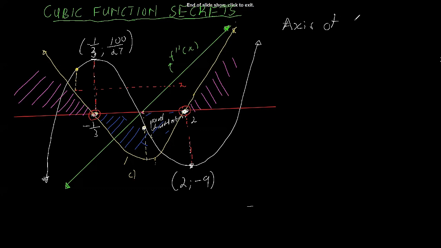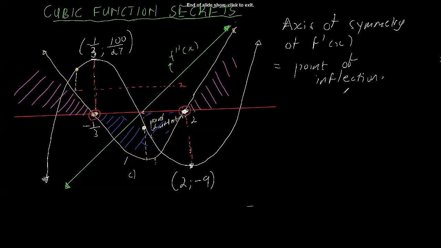The axis of symmetry of f prime x is actually the point of inflection. Now we know how to get the axis of symmetry in a parabola graph, right? In a parabola graph, you know that you have to say x is equal to negative b over 2a.